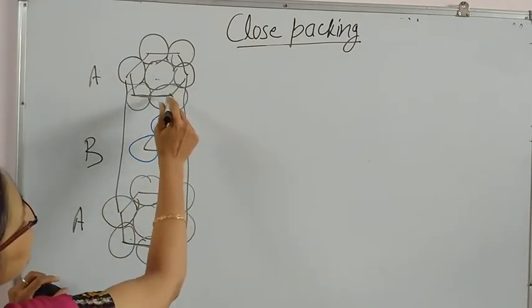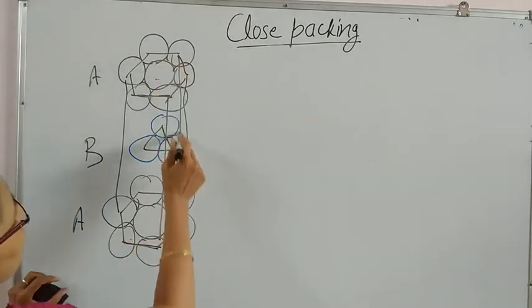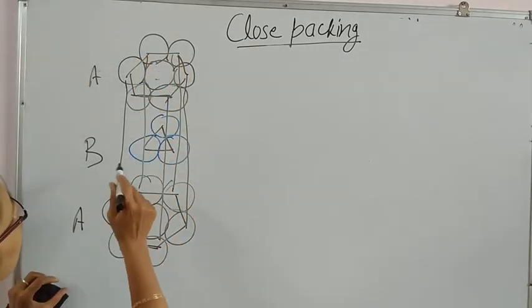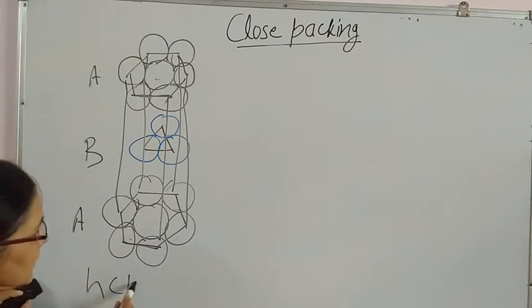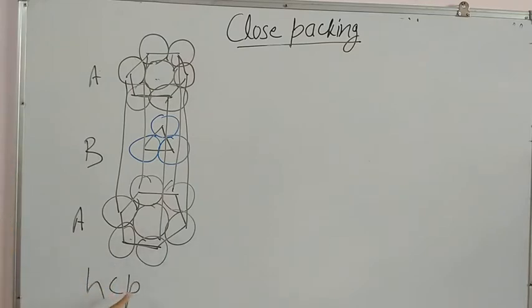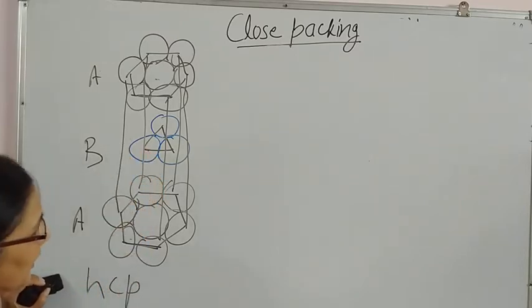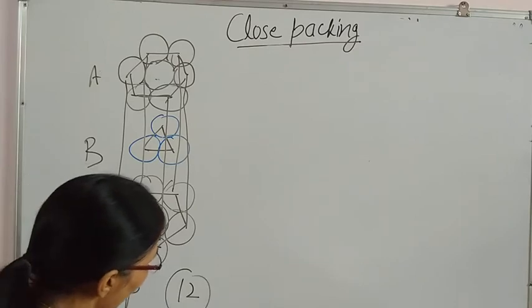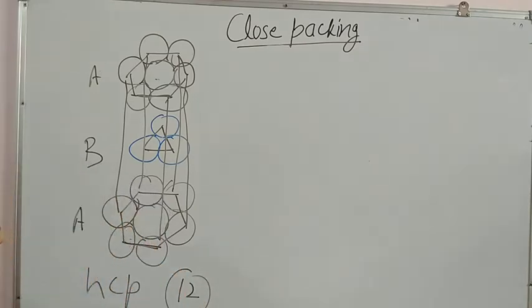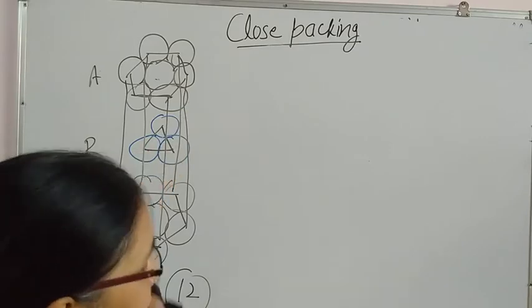You can see that a hexagon is forming. So this is known as HCP, hexagonal close packing. Coordination number for one atom here will be 12. Coordination number is 12 in HCP arrangement.